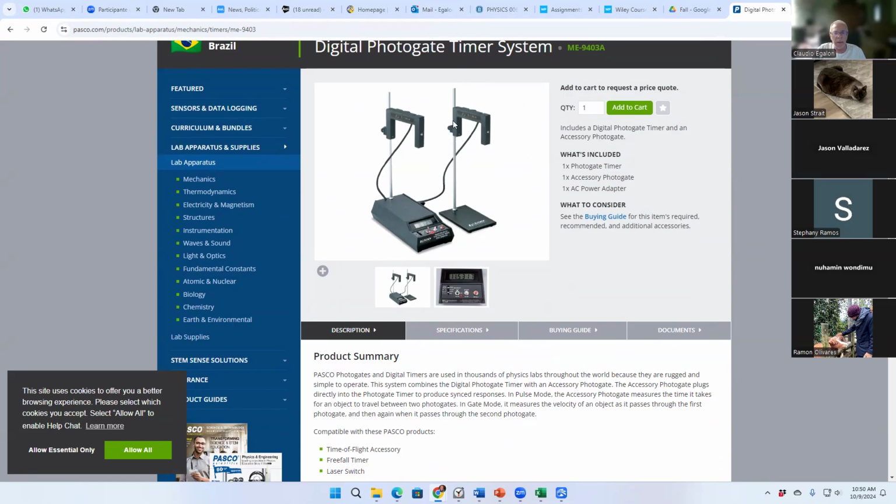Look at the shape, it's exactly the same. This device doesn't need this whole setup here. Why is that? Because it can be connected to the main photo gate. And the resolution, again, is 0.1 milliseconds, 0.0001 seconds.